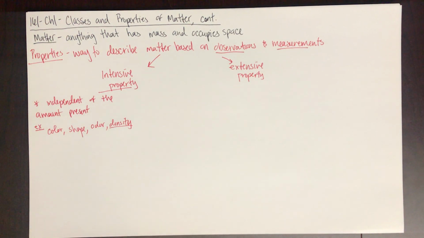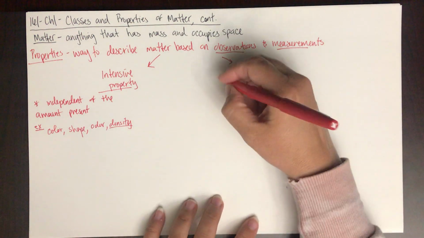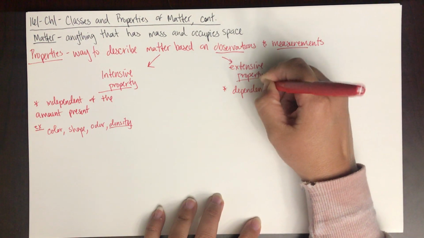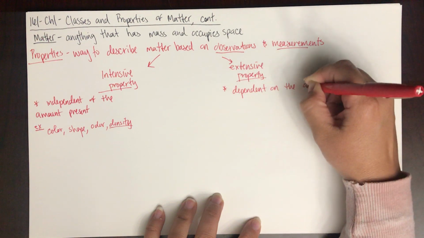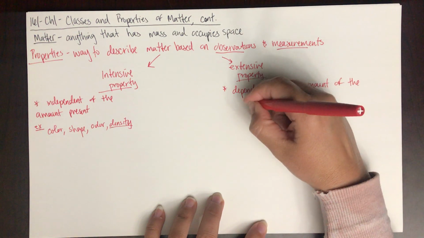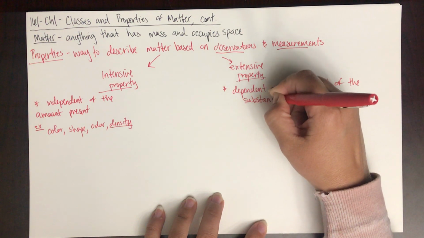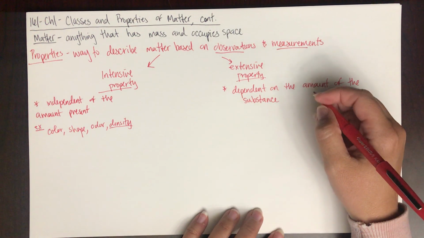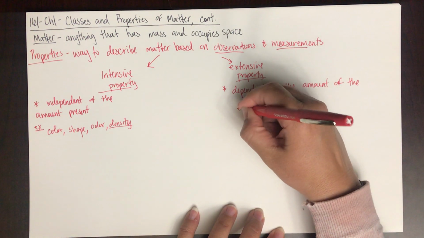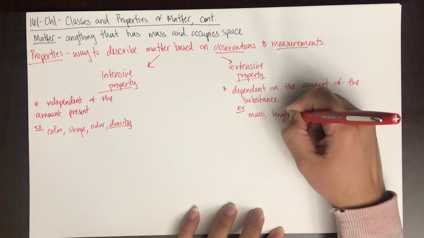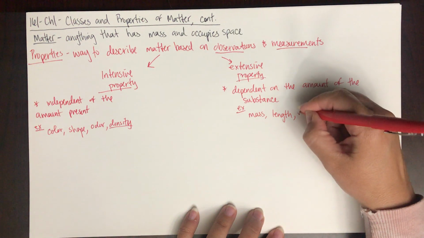An extensive property is dependent on the amount of the substance. These are measurable things like mass, length, volume.